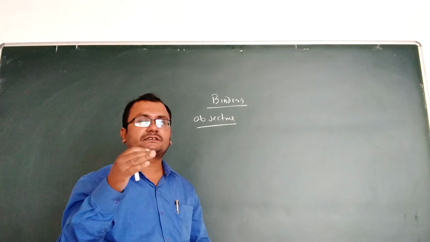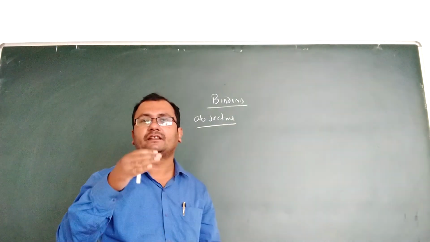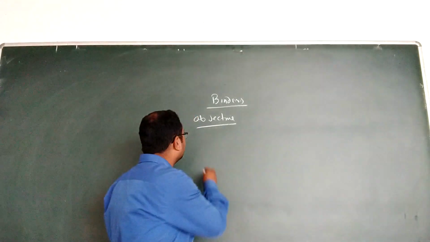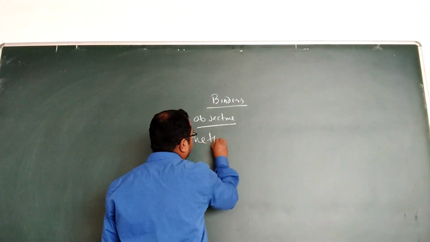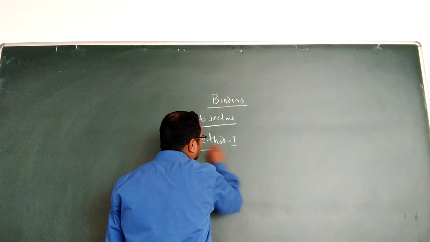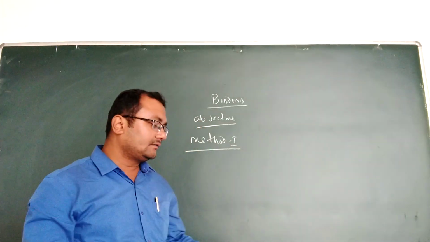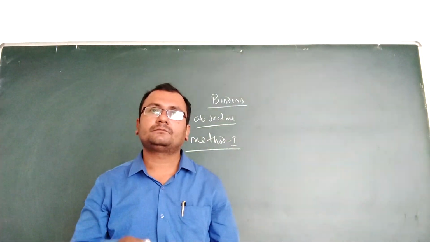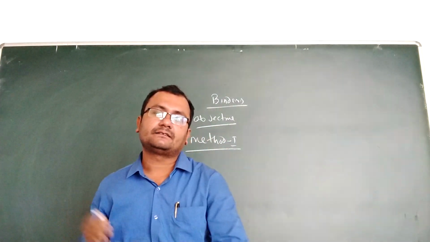So there are three methods of incorporation of these binding agents. The first one, method 1, in which first the binders are added in the dry form, then it is solvated.